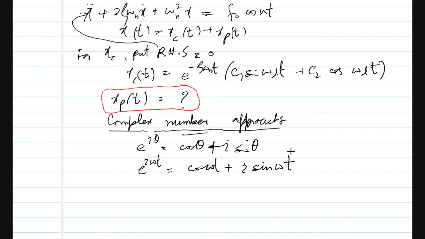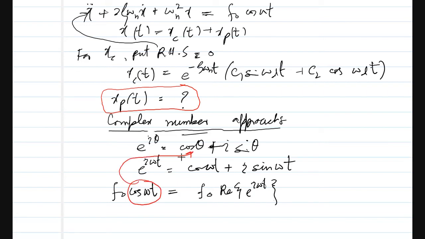Now f naught cos omega t can be written as f naught into the real part of e to the power iota omega t. If you see, cos omega t is the real part of e to the power iota omega t. So what we can say now is f naught cos omega t can be written as f naught into the real part of e to the power iota omega t. Clear?